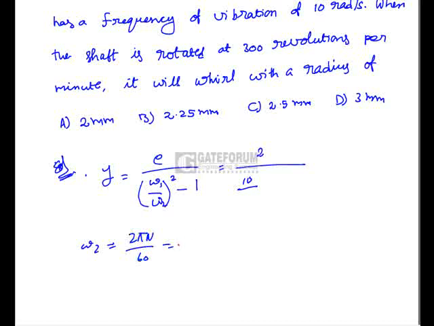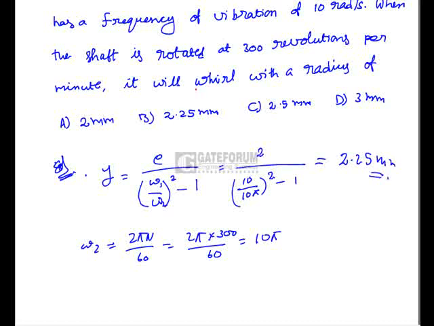So from this equation it is 2 pi into 300 by 60, so it is equal to 10 pi. So it is 10 pi by 10 whole square minus 1. So from this equation, the y value is given by 2.25 mm nearly. So in the option, the right option is B.